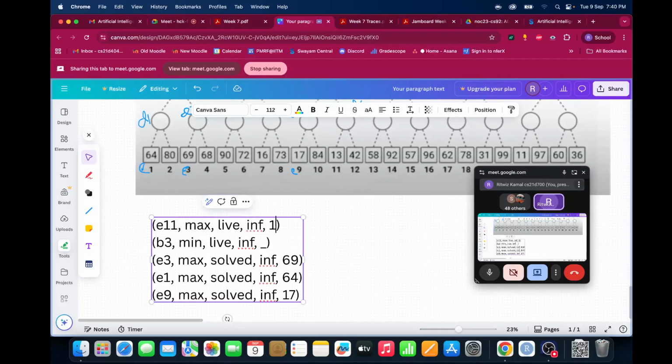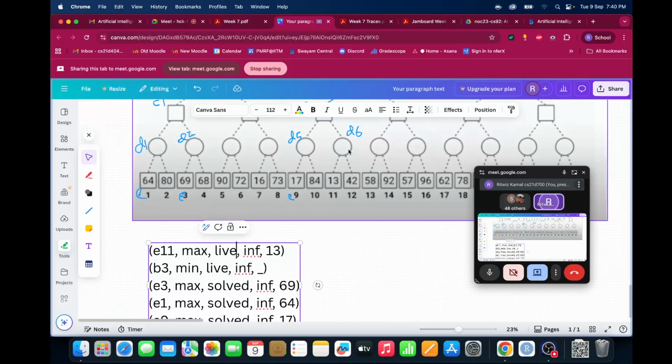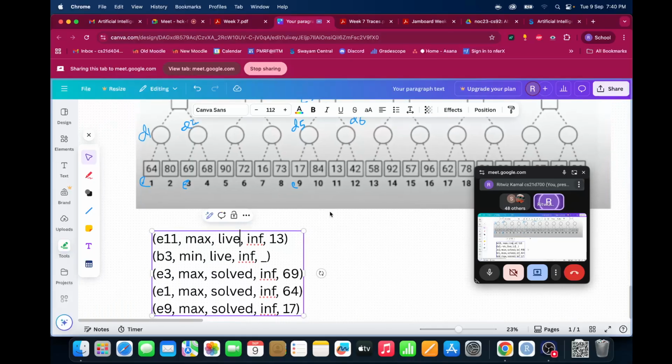E12 also will be there. Sorry, minimum. No? Leftmost child of the min node, right? Minimum, maximum, only two sides. So only E11 will be added.